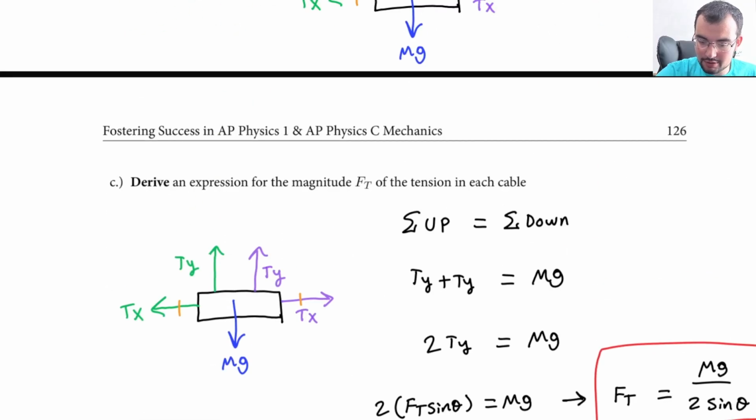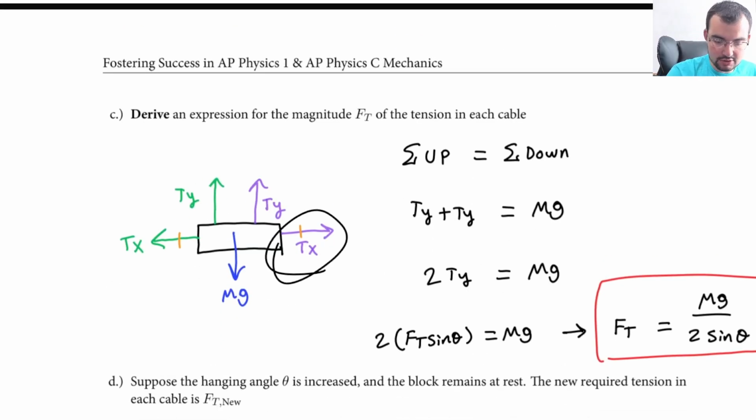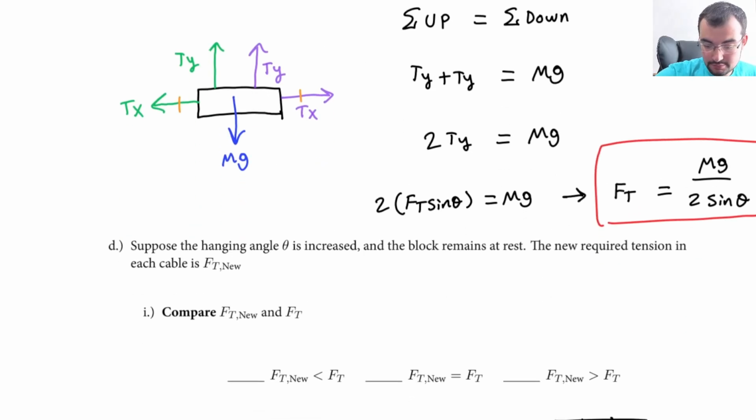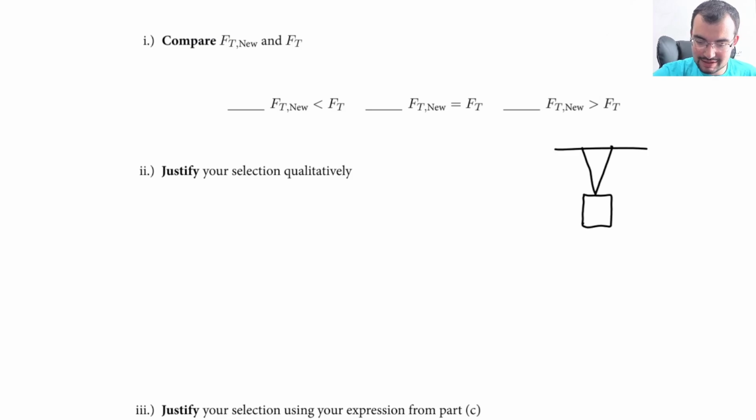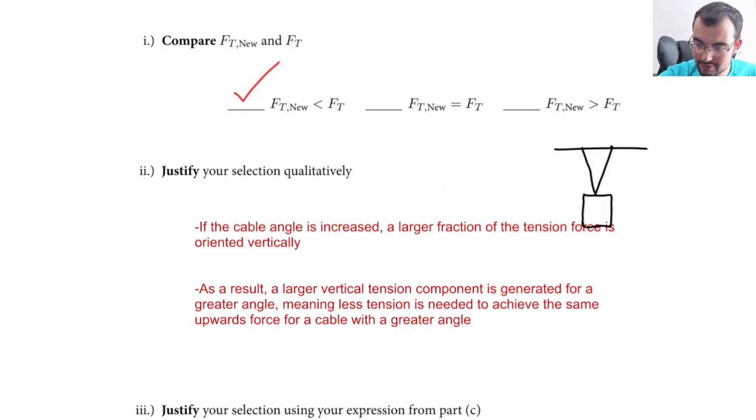when we have more vertical, because we just said this tx is just wasted force. That's not doing anything. So we should be looking for a large hanging angle so we can do it with less tension. So the new tension required is less because you get more bang for your buck distributed in that upwards direction versus horizontally.